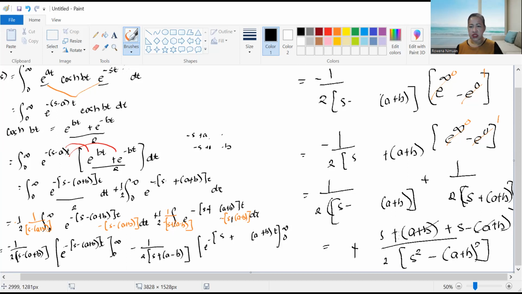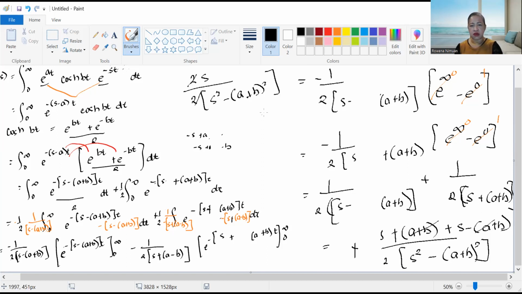So 2s cancels the 2, and what remains is 2 times s over 2 times s squared minus a plus b squared.